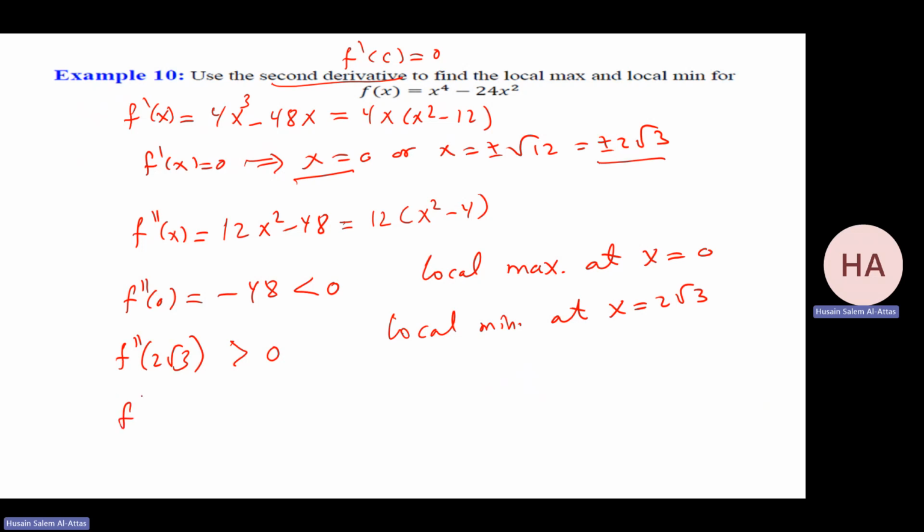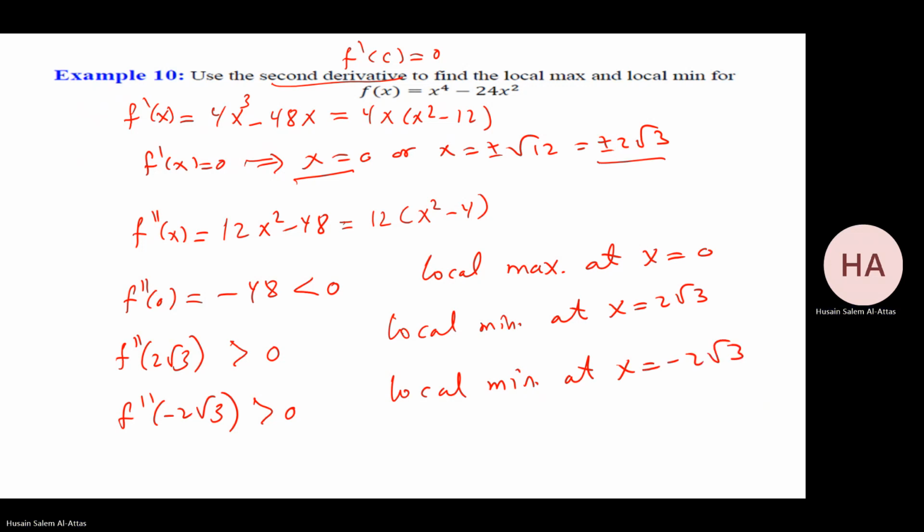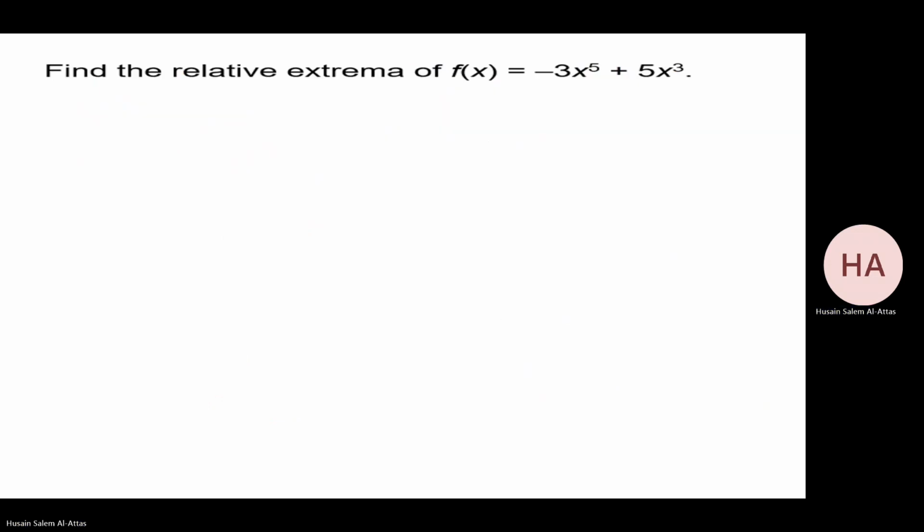Okay. F double prime of minus 2 square root of 3. That will be what? Also 12 minus 4 positive times 12, still positive. So I have a local minimum at x equals minus 2 square root of 3. Okay, that's the second derivative test.